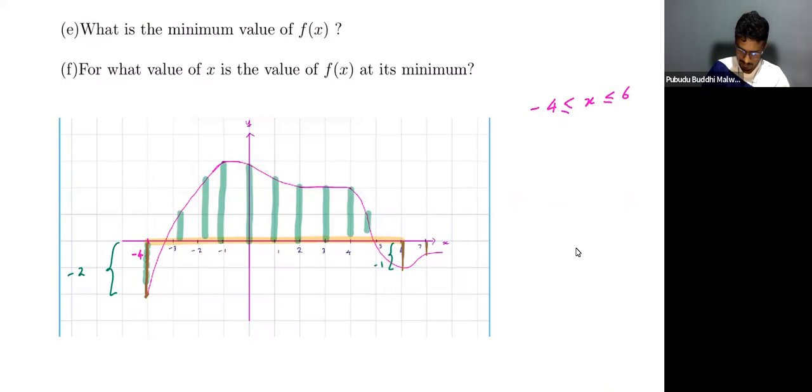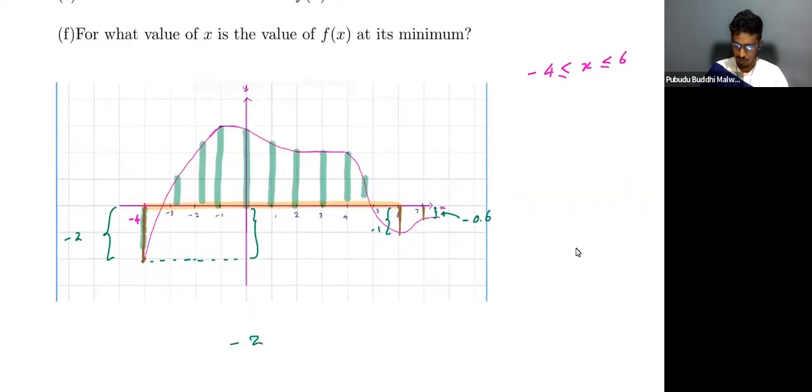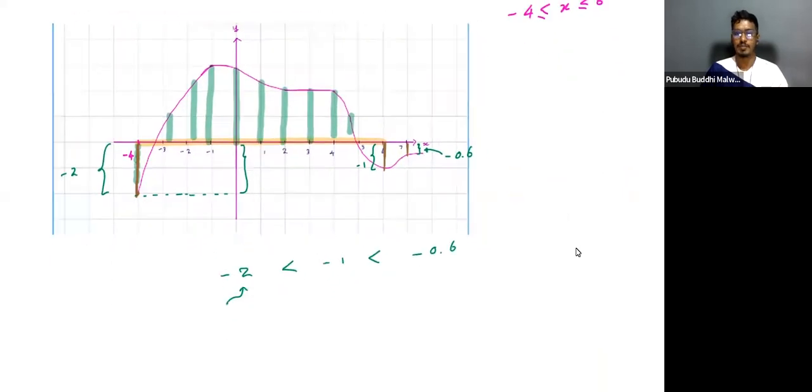I think you can see that, right? If that is confusing, you can draw lines like this. Then that's -1. Here, definitely less than -1, something between 0 and -1, like -0.6 or something. So what's the lowest value? -2, -1, -0.6. I think clearly -2. That is the lowest value, the minimum.